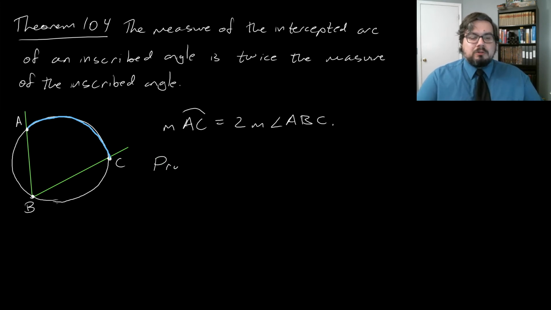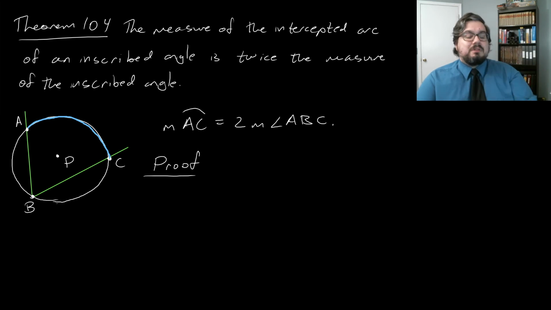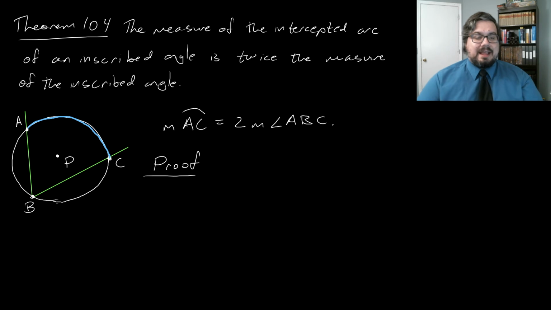Let's look at the proof of this, although again there are several cases. We're just going to look at one of them. And the cases depend on where the center of the circle is in relation to everything else. So let's go ahead and handle the case where the center P actually lies on one of the rays of the angle.